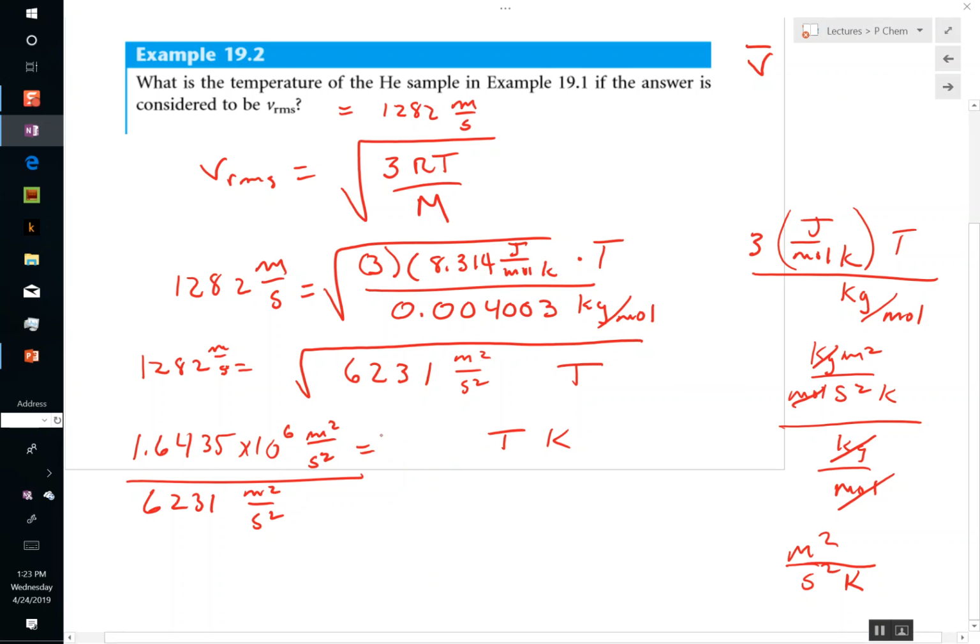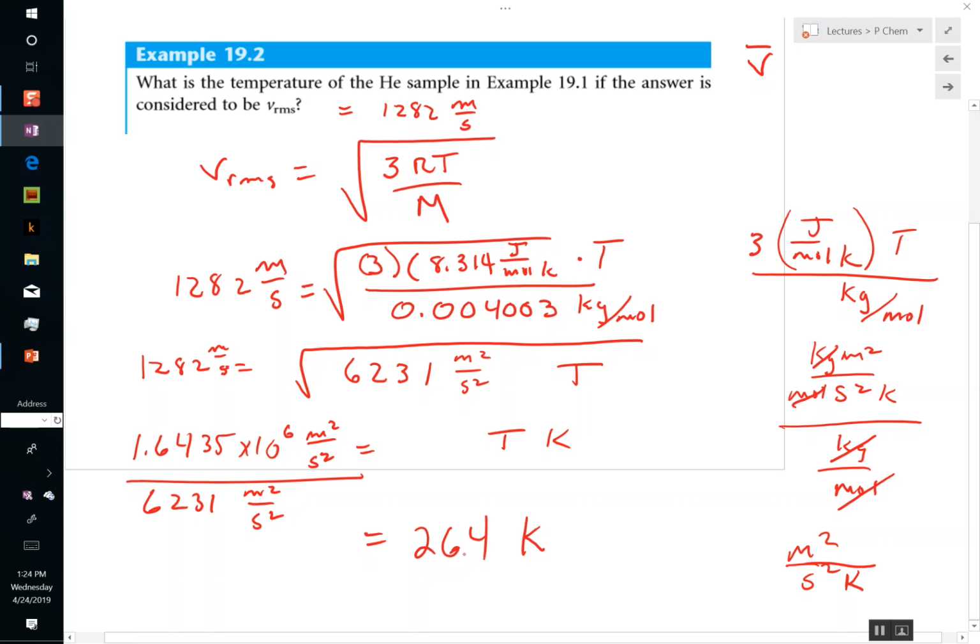Did anyone do the number 2 practice problem or the number 2 homework problem? Yeah, 263.8. It's the same temperature. Oh, that makes sense. Even though you go to neon and you have a lower speed, you have a higher mass.